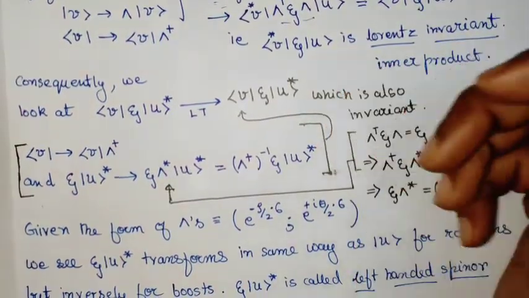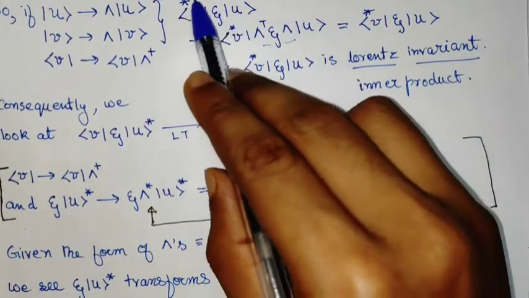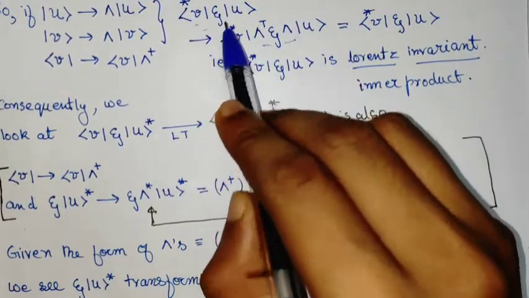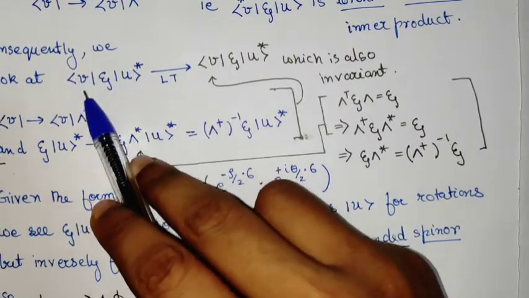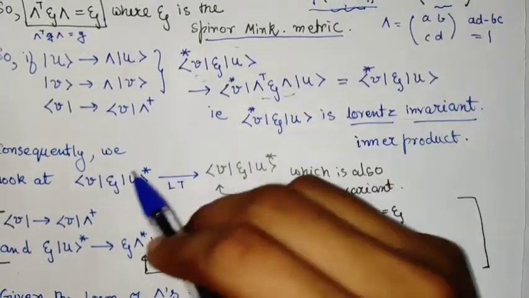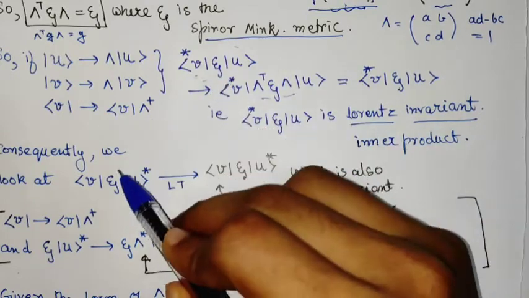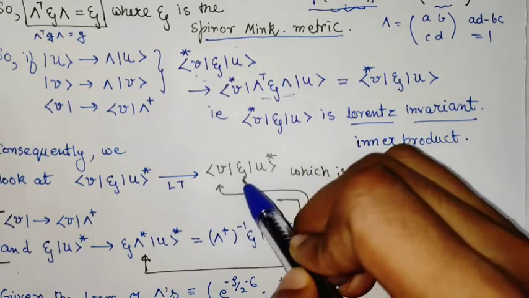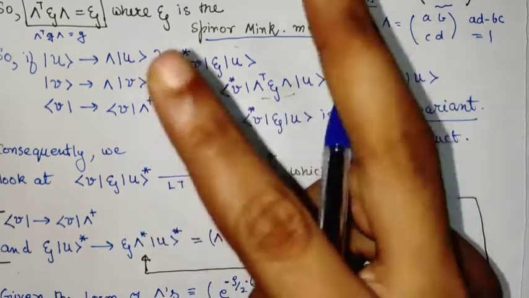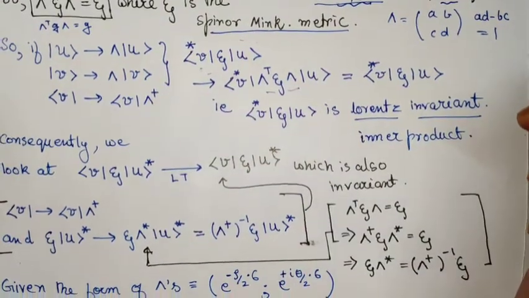With this understanding we see that this is one of the Lorentz invariant inner products. Consequently we can also look at this particular inner product here. You see the two inner products are a bit different, this one and this one. This under Lorentz transformation is also invariant, and this is also an inner product. So we have two different kinds of inner products.